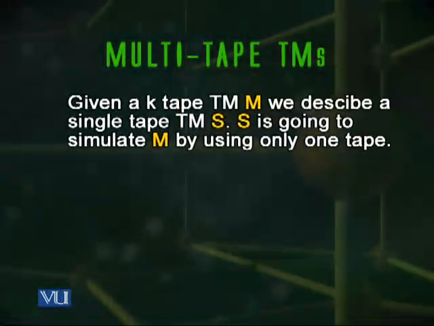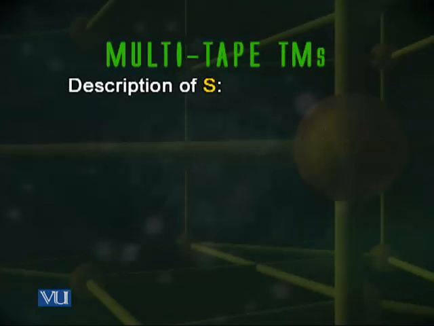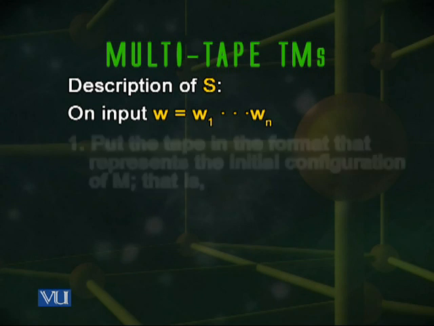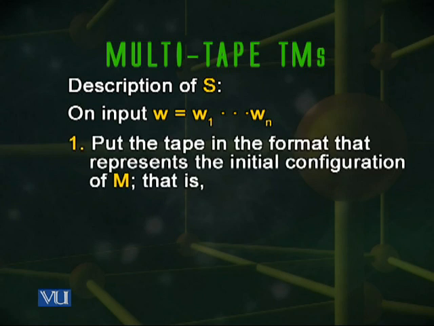Suppose we are given a K-tape TM M. We describe a single tape TM S. S is going to simulate M by using only one tape. The description of S is as follows. Let us say that the input to M is W, which is equal to W1, W2 up to Wn. What S is going to do is put its tape into the following format.